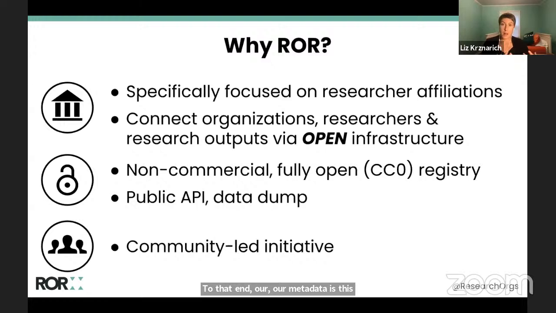We have public open APIs and open data dumps. And also really importantly, it's a community-led initiative. ROR is not actually an organization itself. We are collectively run by California Digital Library, Crossref, and Datasite with guidance from community steering groups, advisory groups, and working groups.